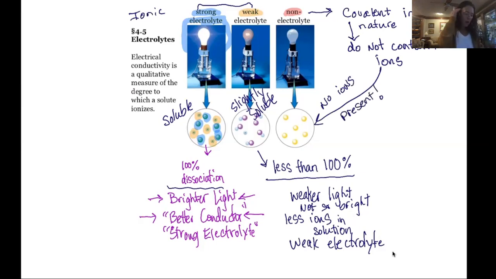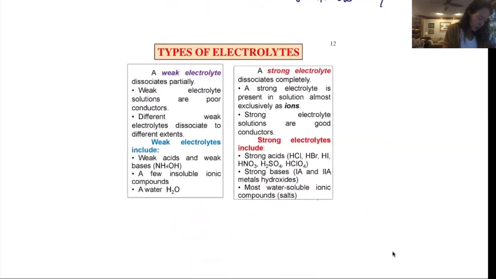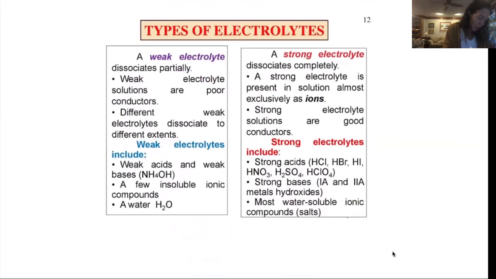Right? Now, you need to understand that. So let's just draw it real quick, right? And this is just the same thing. What is a weak electrolyte? Dissociates partially, poor conductors, different extents of dissociation. We'll talk about these later.